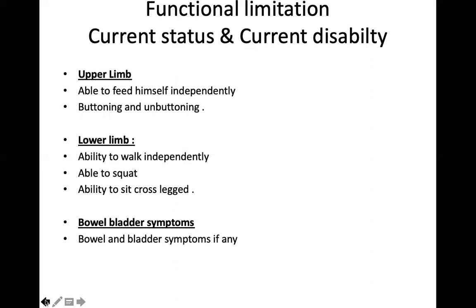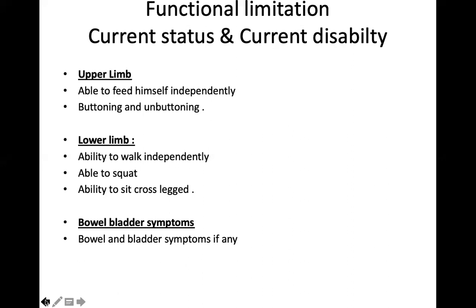So now you are narrowing down. You have started with a vague complaint. You have described that complaint. You came to know that it is something like an extradural extramedullary pathology. Then you narrowed down further that there are no complicating factors like syringomyelia, Chiari malformation. Then you came to etiology. Then you found out that it's a congenital problem or a developmental problem because it started very early in life.